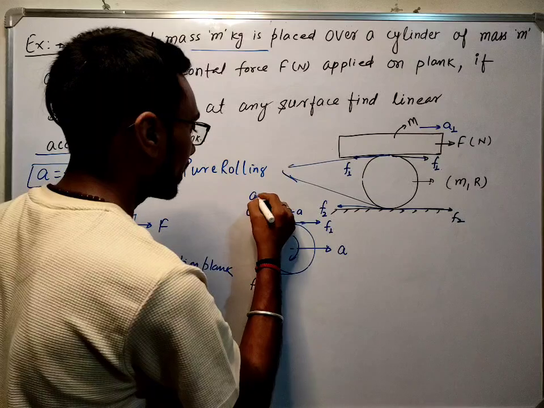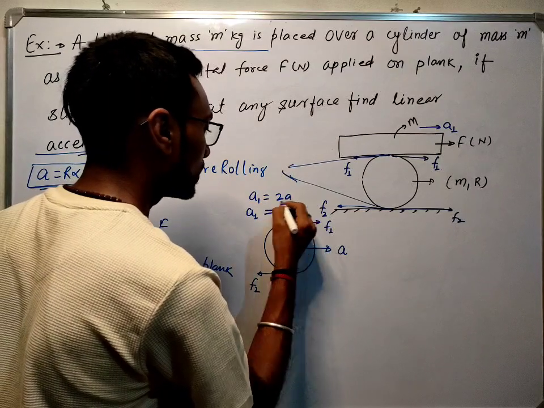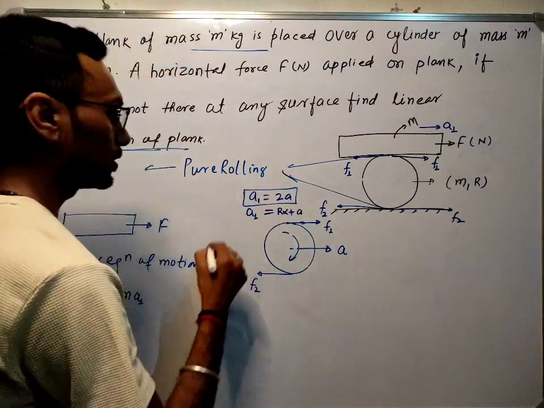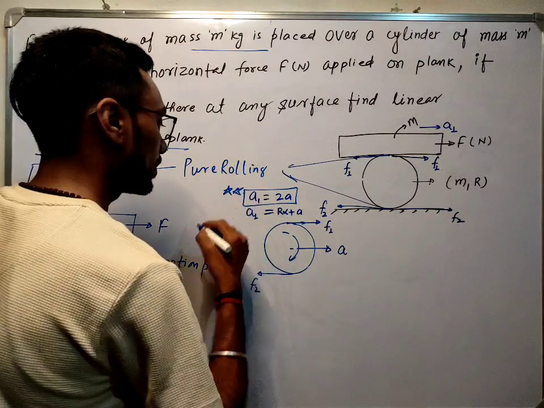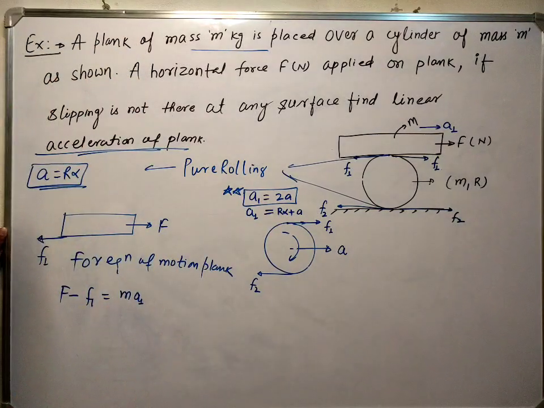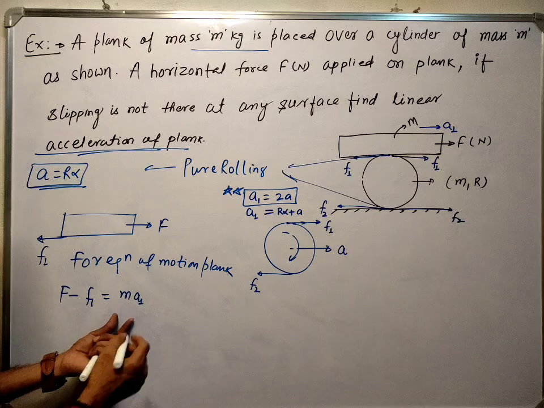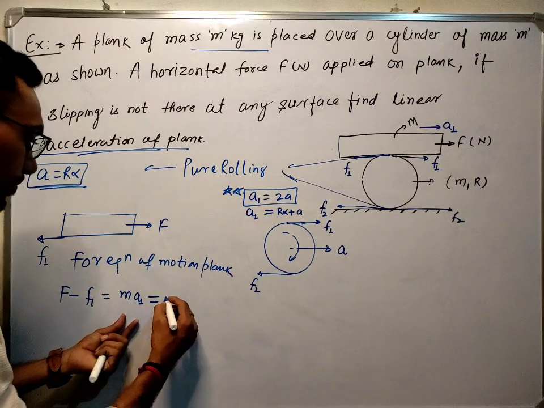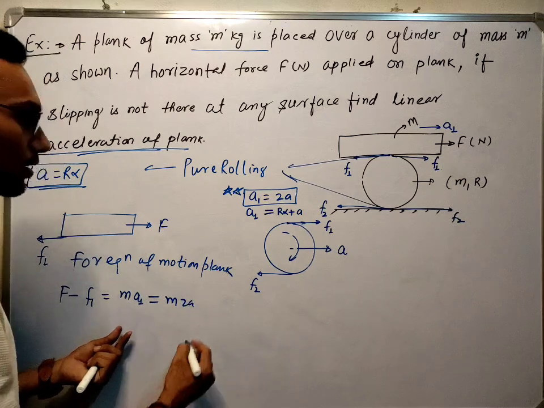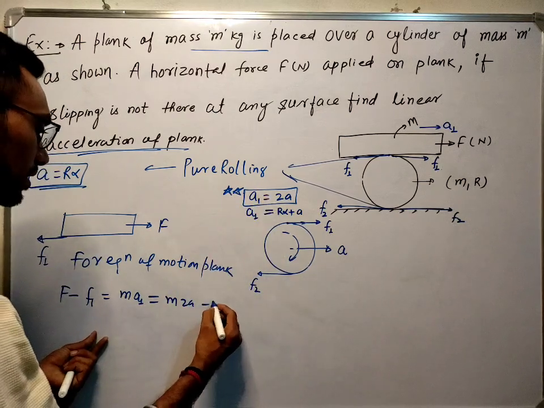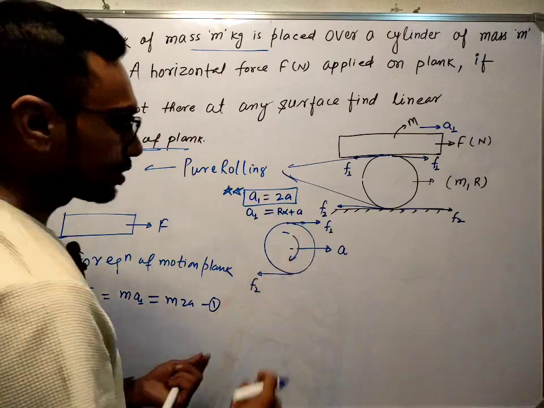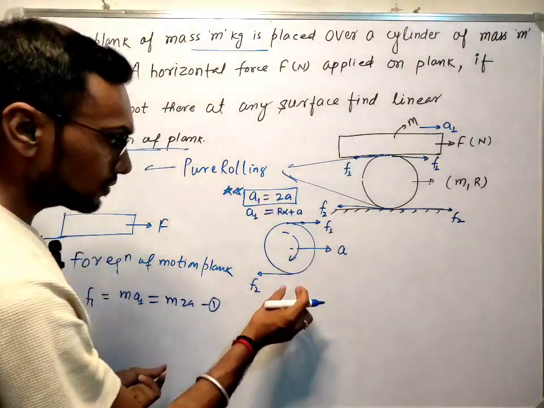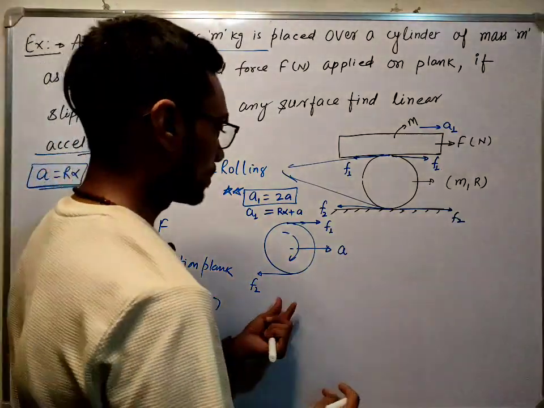So A1 can be written as 2A. This is a very important relation we have to use later on. So here we can put m into 2A in the place of m A1. This is our first equation. Now the same force equation we can write on the cylinder.